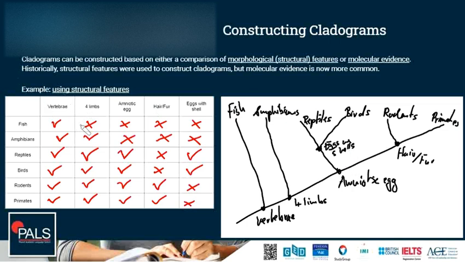We can play around with that a little bit and see if we can identify a few clades. We can identify the clade of organisms that have hair or fur. This is our clade, including the node, the common ancestor.